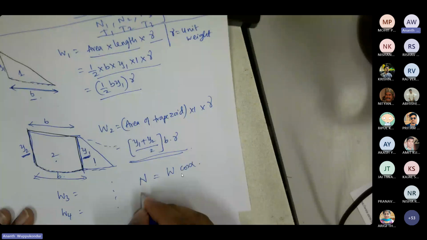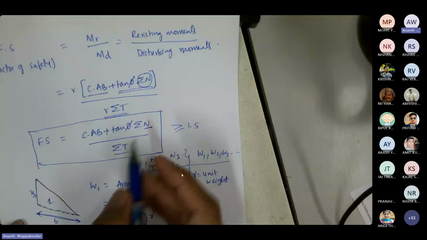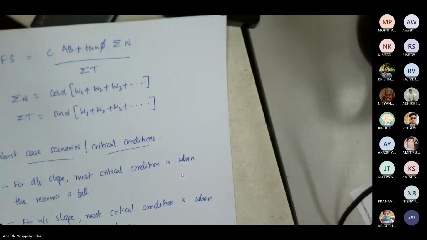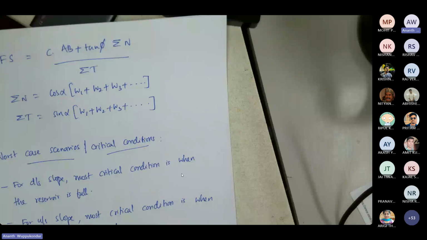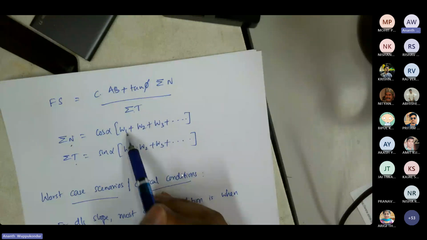So once you calculate n and t, you can get what is the factor of safety. And that is what I am representing here again. The factor of safety is a function of sigma n and sigma t, where you can calculate sigma n and sigma t based on individual weight components.